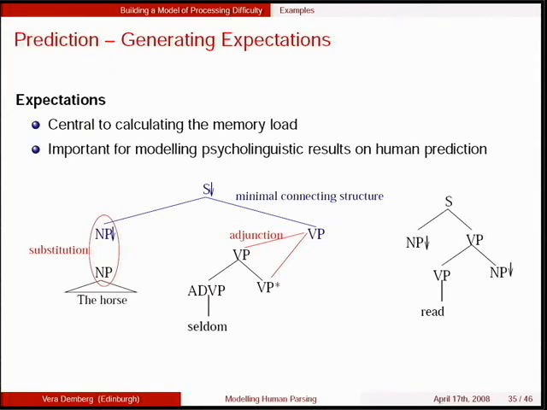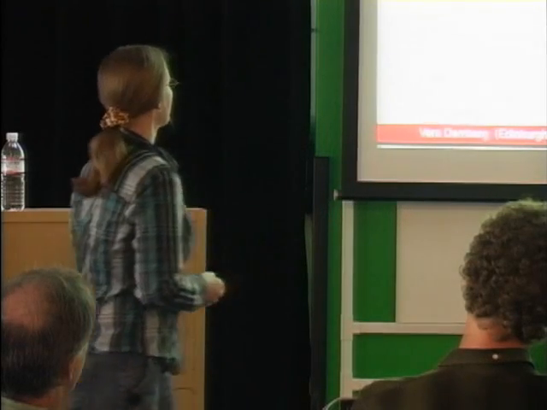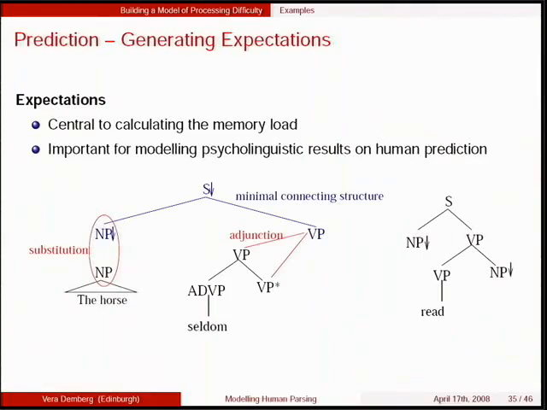As I mentioned before, it's really crucial to my theory that we can generate these predictions or expectations at every point in the sentence. They're really important to calculate what we are still expecting in order to build a grammatical sentence. Here I want to talk about how these expectations are generated in this theory.